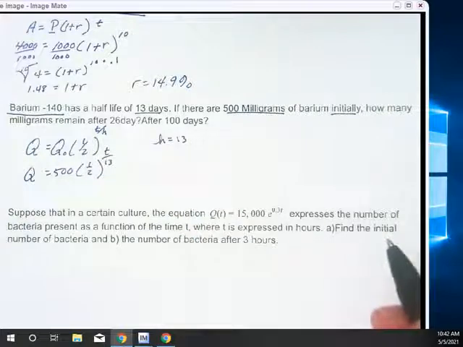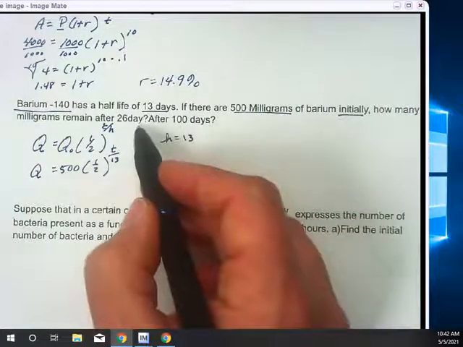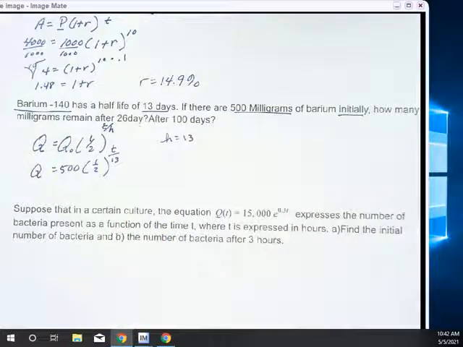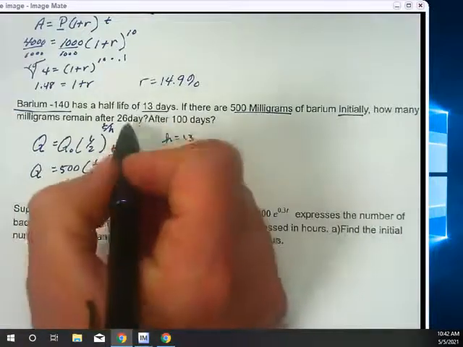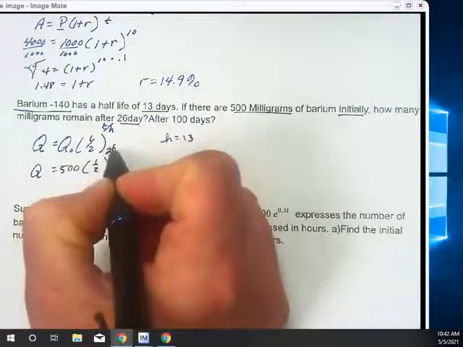So there's my formula. First question, after 26 days, where does the 26 go? Yeah, for the T, because it's days, so the half-life days have to be the same.